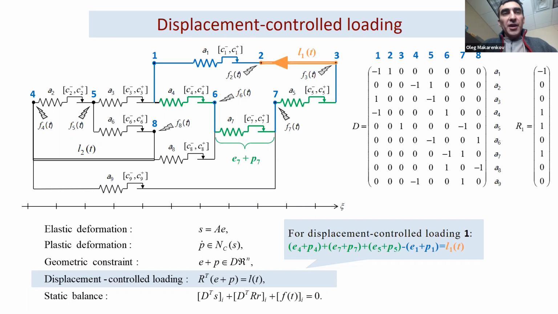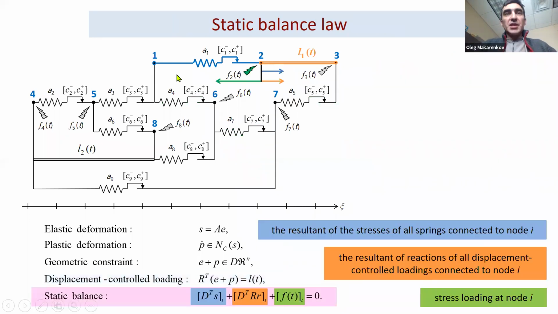And finally, the description of this network of springs features the static balance. Static balance is just the balance of forces at each node. So at node 2, for example, we have to balance the stress coming from this spring, the reaction of the displacement-controlled loading, the orange ingredient, and the blue ingredient, which comes from the spring attached to this node.